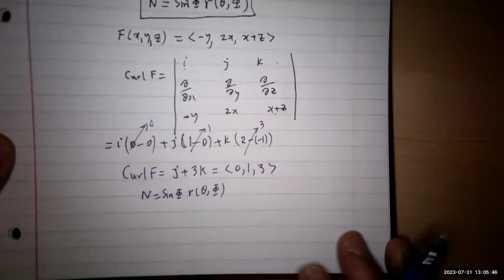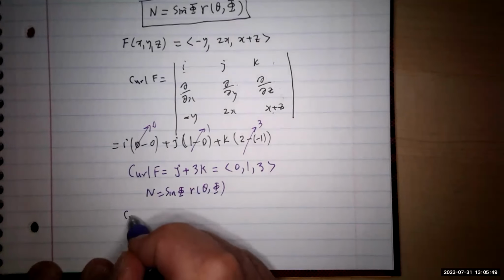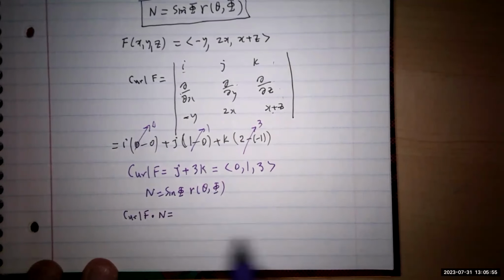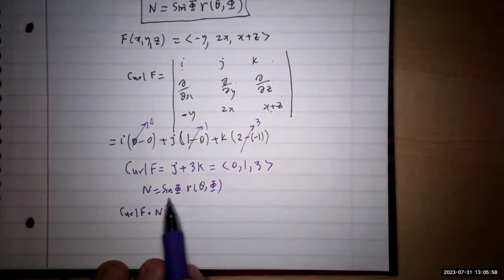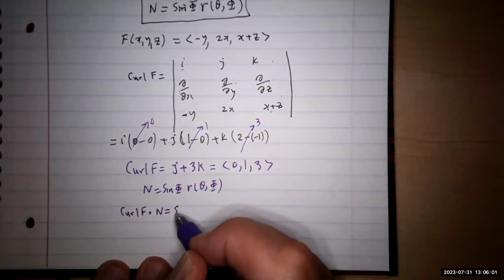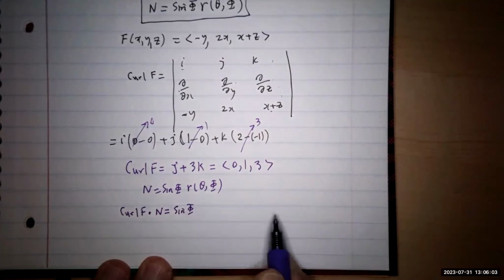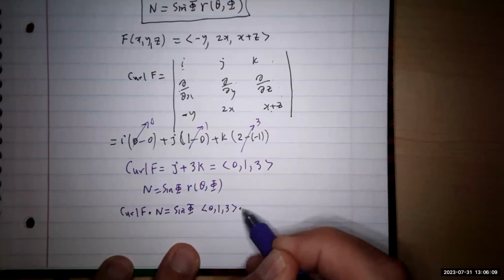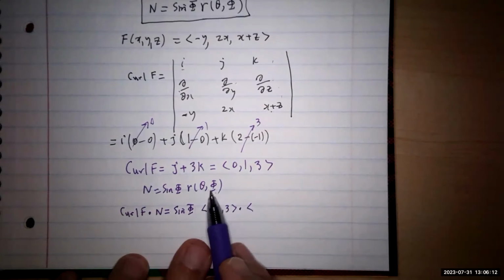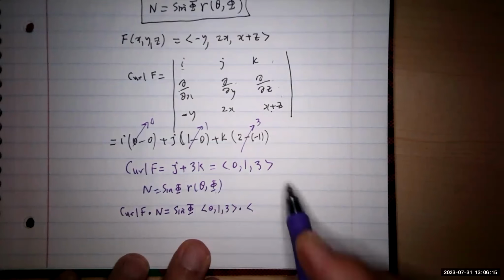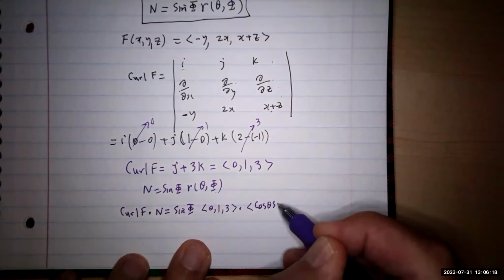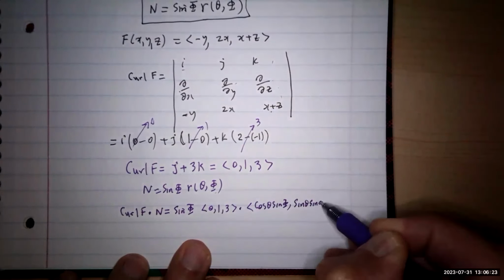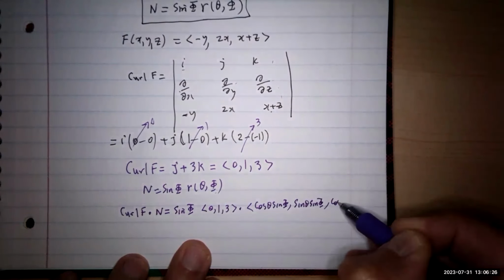So if you do the dot product, the curl of F dot n is going to be equal to, you can keep sine of phi as a factor, and then you get the dot product of 0, 1, 3 dot that polar coordinate that we have. Remember, that's cosine of theta, sine of phi, sine of theta, sine of phi, and then cosine of phi.